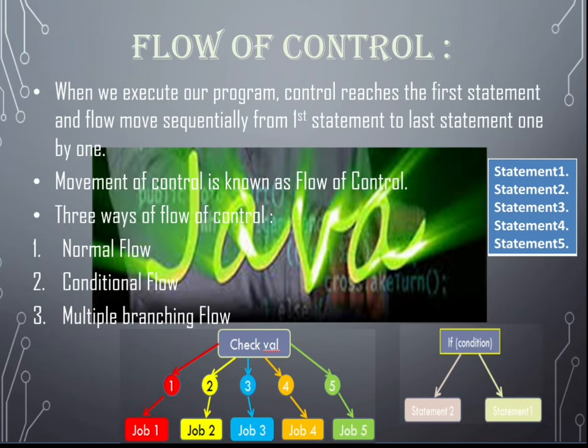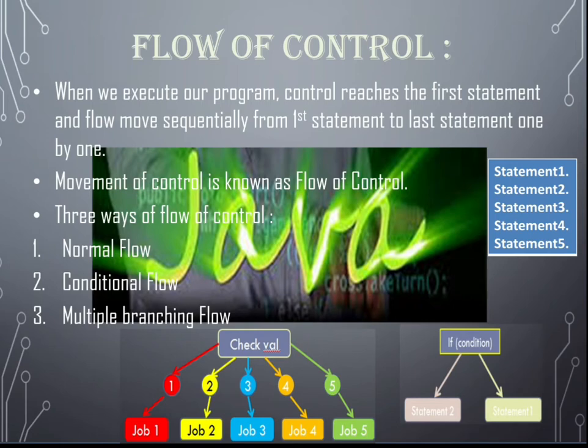Any value, for example 1, 2, 3, 4, 5, and then we can have any food from that menu. If it is something like that, then it is multiple branching flow.